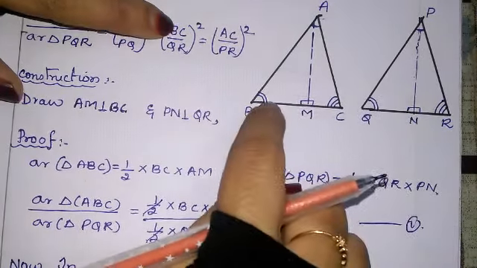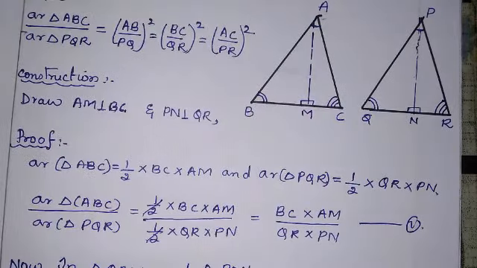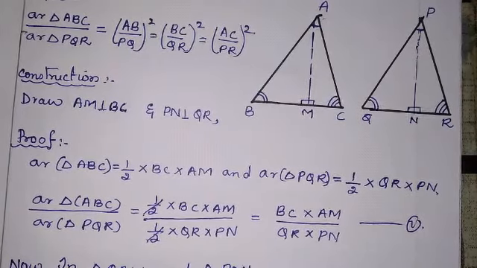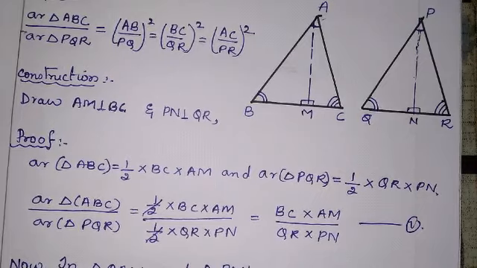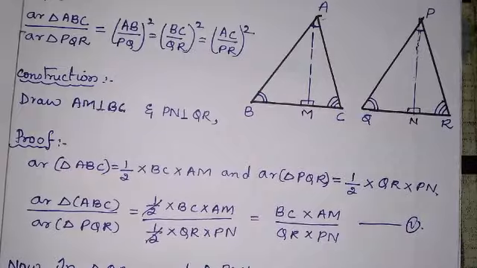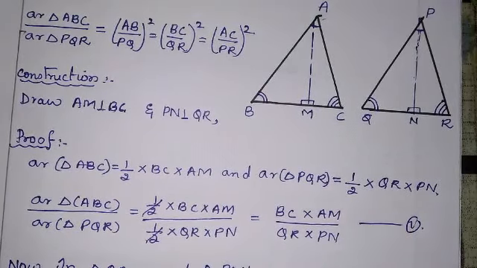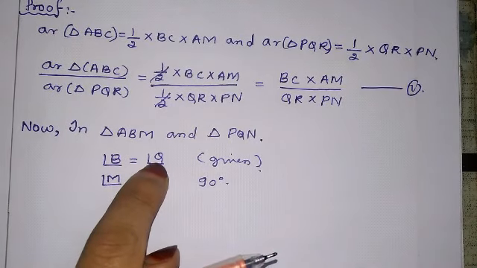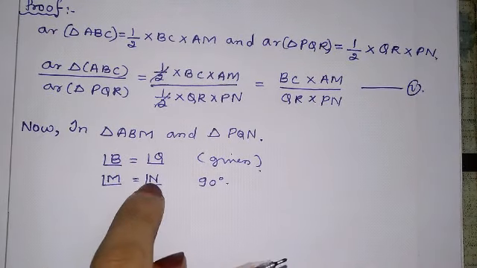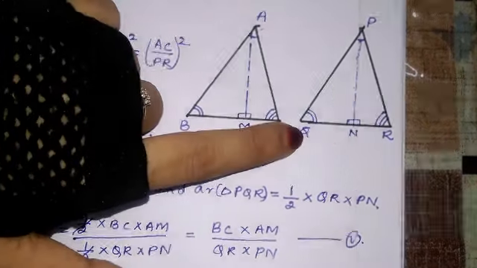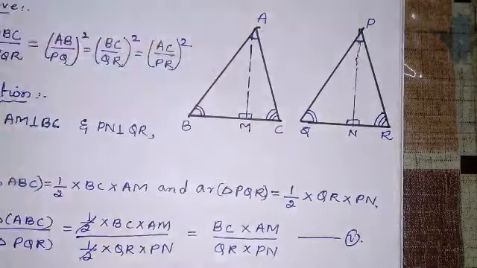Just now we have seen in the given, angle B is equal to angle Q, because they are similar triangles. And angle M is equal to angle N, because both are 90 degrees. One angle B is equal to angle Q, one more angle M is equal to angle N. Just now I have shown you in the figure.